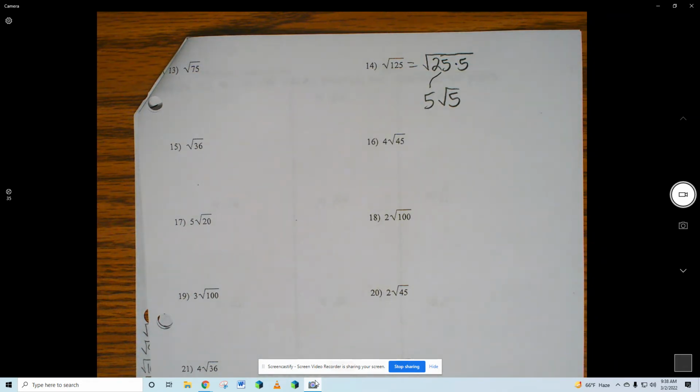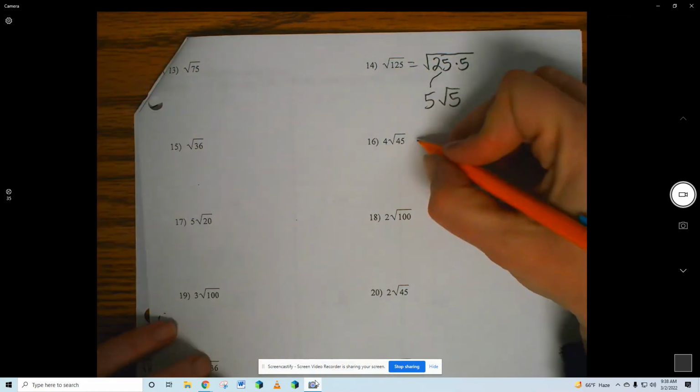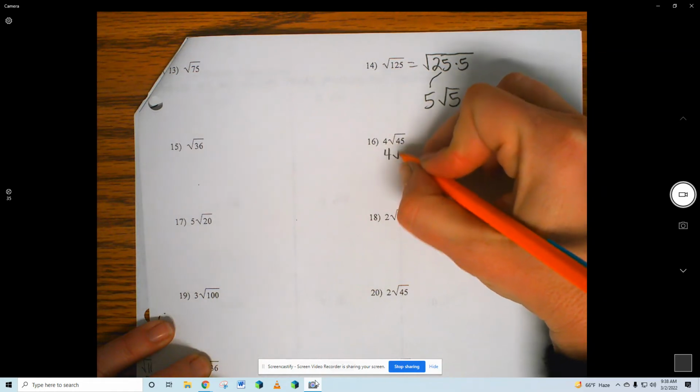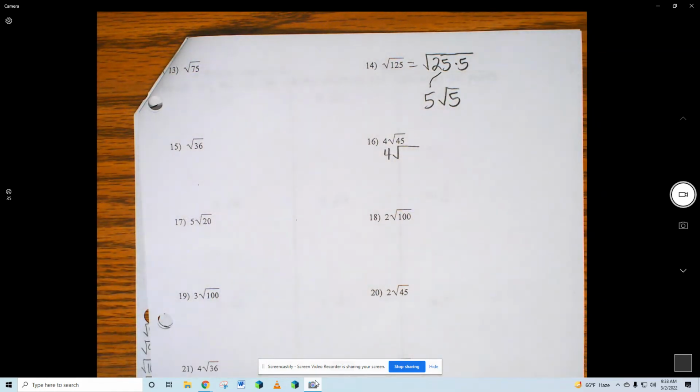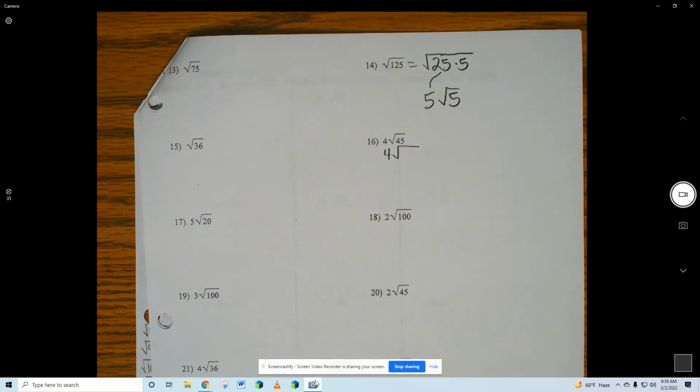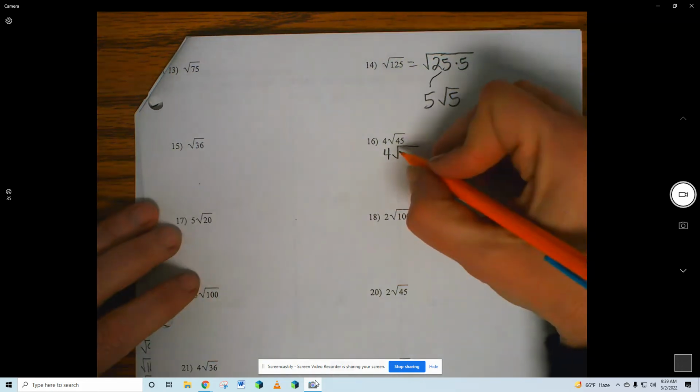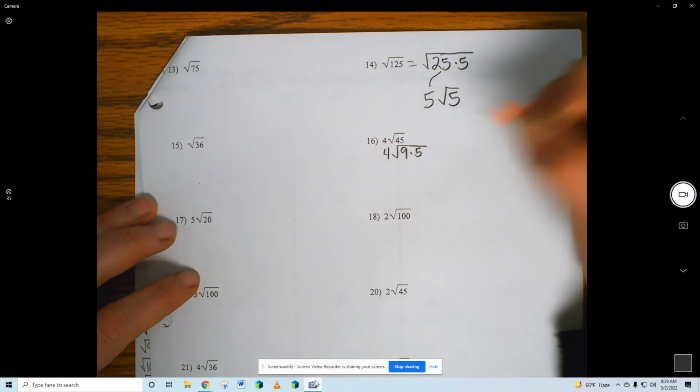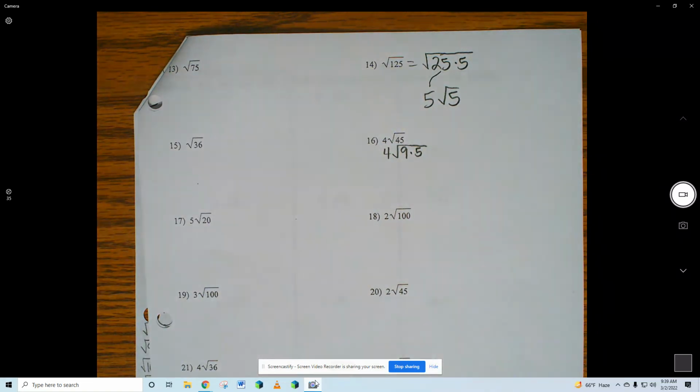On 16, it already has a number in front. So I just do 45. 4, 9, 16, 25. 9 times 5. The 9 is the only number that's a perfect square.